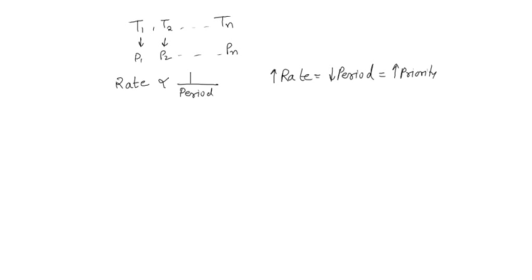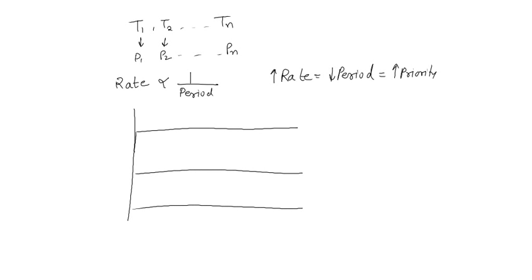Let's take a small example with 3 tasks, 1, 2 and 3. I denote any task Ti with period Pi and execution time Ei.